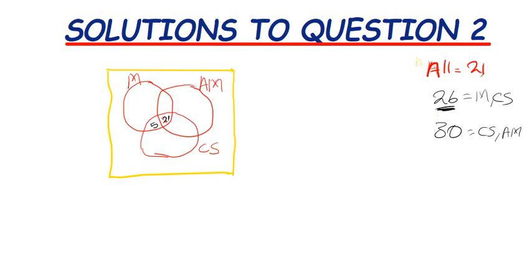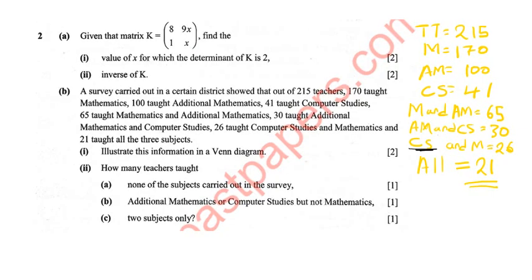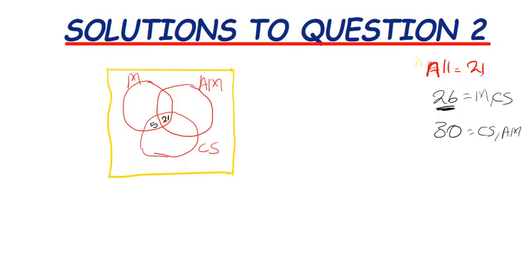Since we already have 21 who did computer studies and additional mathematics, in order for us to have the full number, we simply need to subtract 30 minus 21.